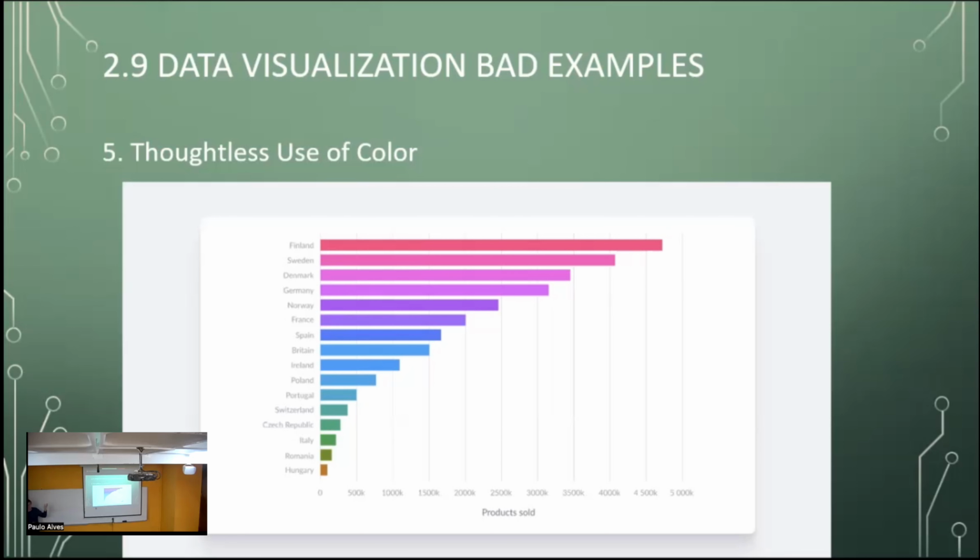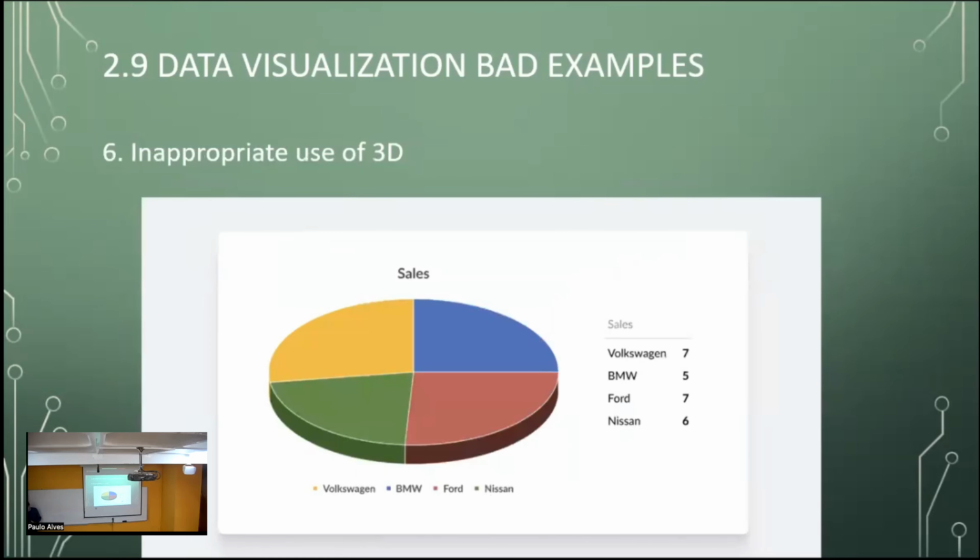In this case, it would be better to have only one color because we see the size and the proportions of the graph, and color here is not adding anything to the graph. Inappropriate use of 3D. This 3D doesn't give any special information, so it could be a 2D graph. We should use 3D if you want to highlight some parts of that graph.